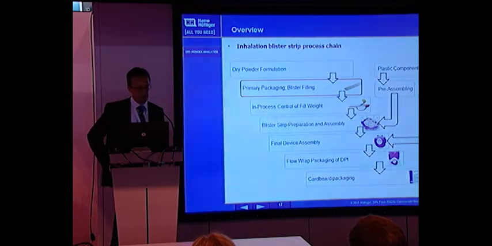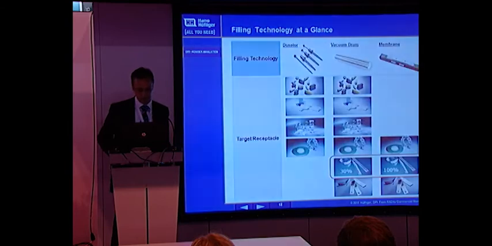And then you continue on the final device assembly, and also on secondary or tertiary packaging, which would normally be a flow wrap package or a cardboard packaging. In parallel, you need to have a device. Normally you go to an injection molding company who would mold the plastic components, and then you need to assemble these plastic components and bring them into your factory for the final assembly also.